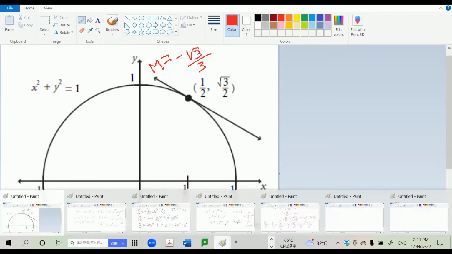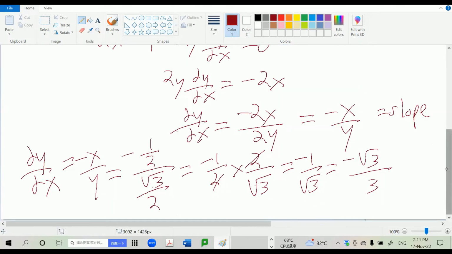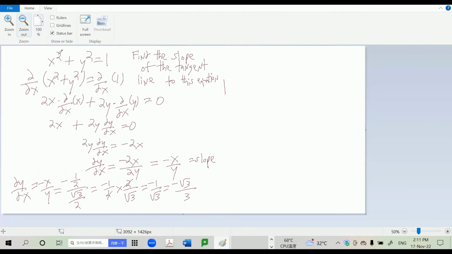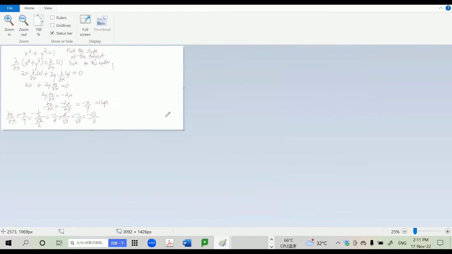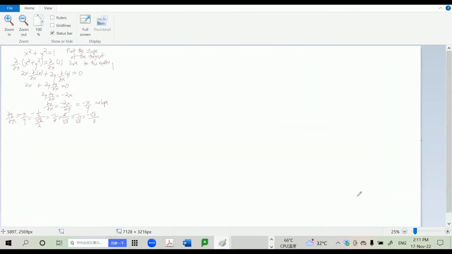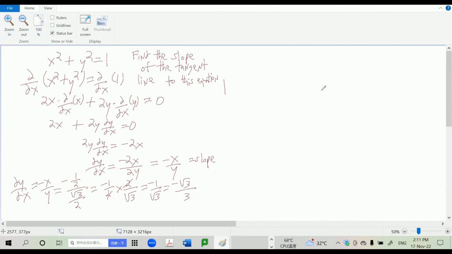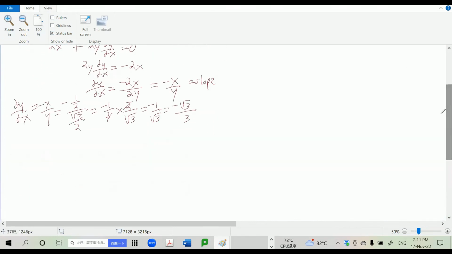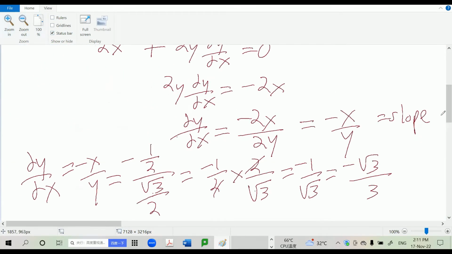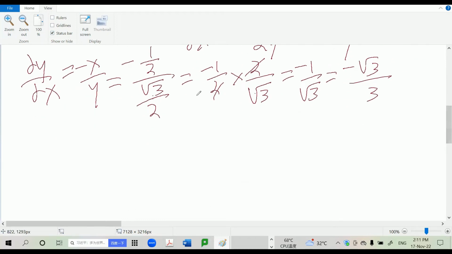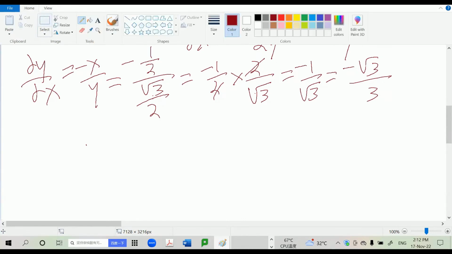All right, the other one over here, so over here, let's do then the other point. We have another y value that's negative. So I'm going to do that now. This is my second slope.